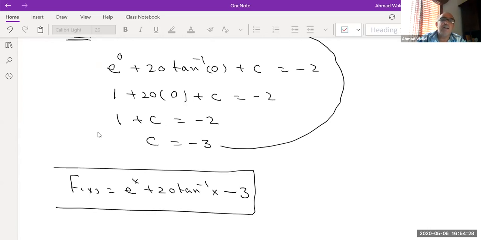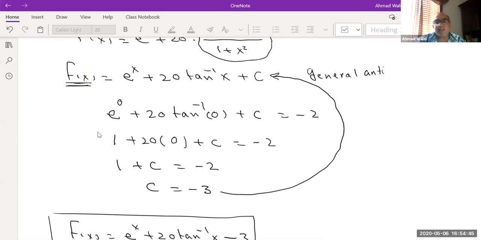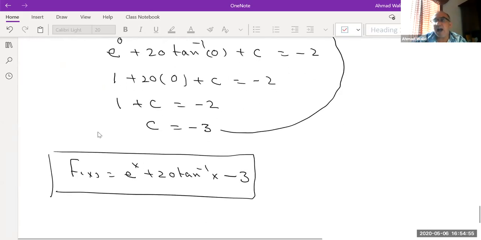Final answer. You see here, you don't have any more c. You are not writing c again because you found the value of c, correct? The first answer, before finding the value of c, I call the general antiderivative or the most general antiderivative. This one, I call the particular antiderivative.